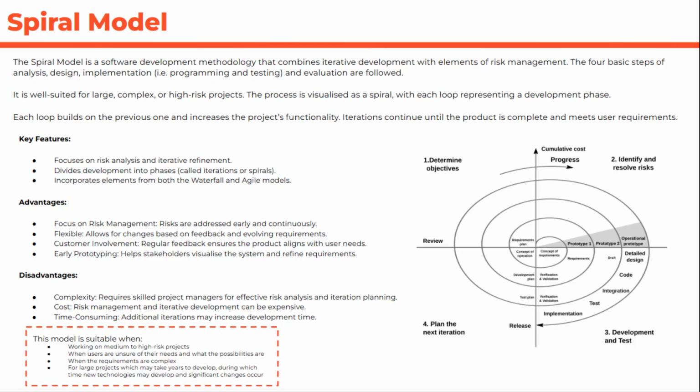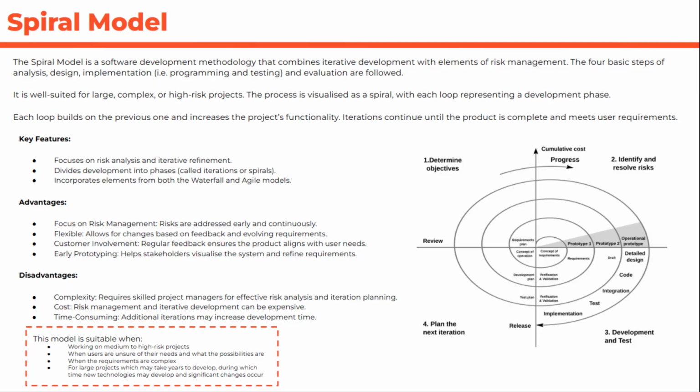So this model, the spiral model, is suitable when working on medium to high risk projects and also when users are unsure of their needs and what the possibilities actually are. That's because the spiral model gives us the flexibility to produce with each spiral some version of iteration towards the final goal.